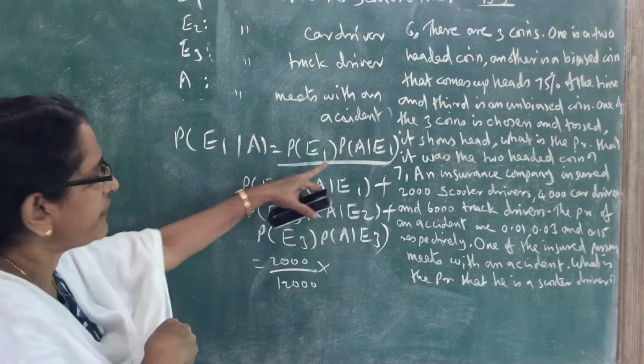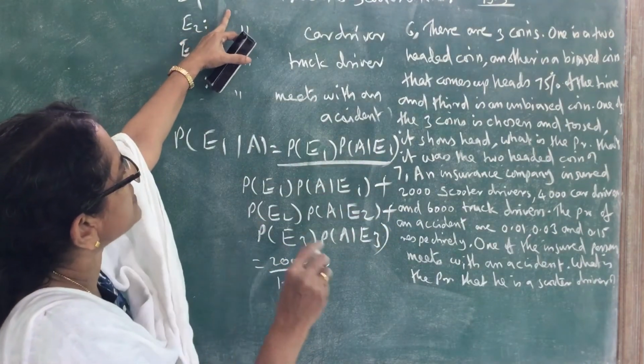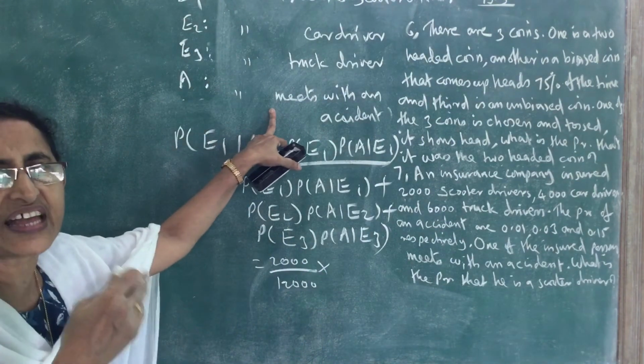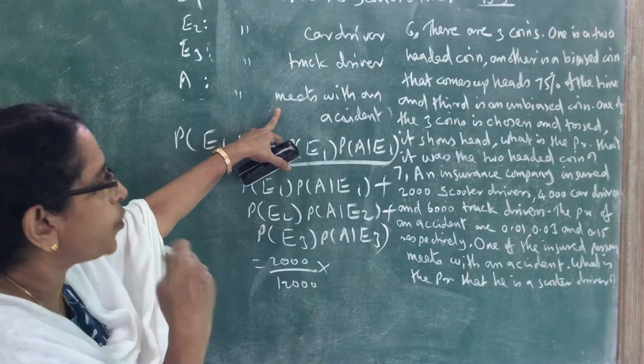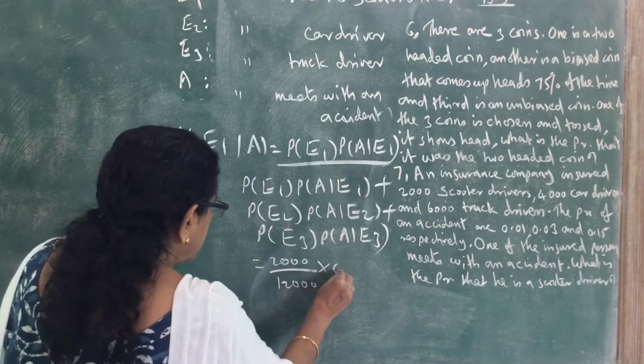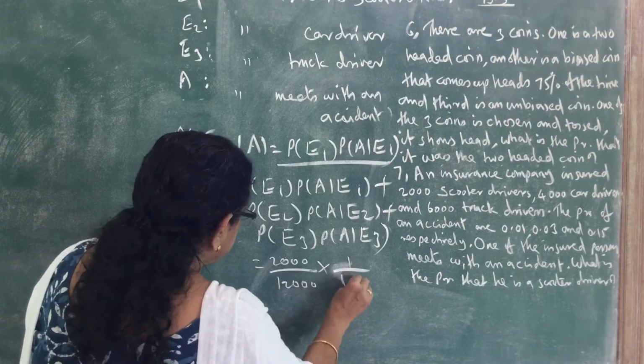Into probability of A given E1. If the insured person is a scooter driver, what is the probability that he meets with an accident? So for a scooter driver, what is the probability of getting an accident? 0.01, or we can write 1 by 100.